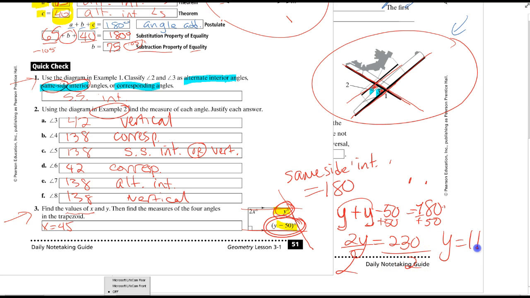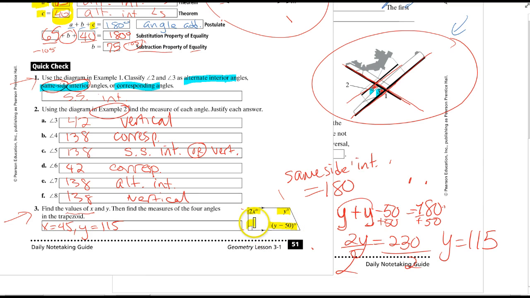Y is 115. Add that over here. Now, they wanted to know what are all of the angle measurements in this trapezoid. So the angle measurements will be the actual degrees for this, this, and this.